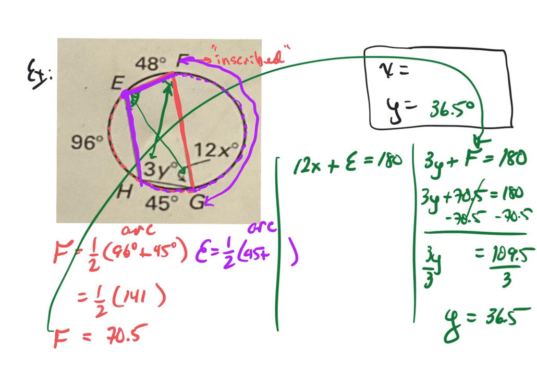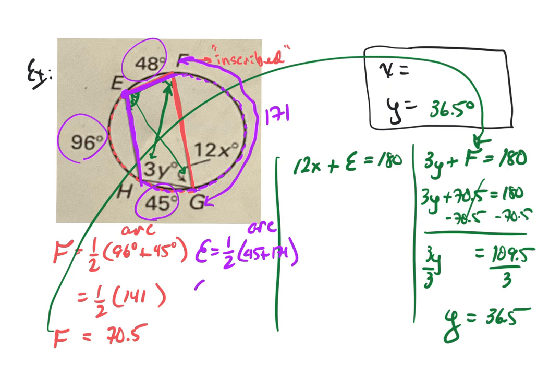But we know that when we add the four arcs together, the 48, the 96, the 45, and the one that's missing, they form a complete circle. So if we subtract all of those away from 360, whatever's left over, which is 171, has to be that missing arc. Okay?